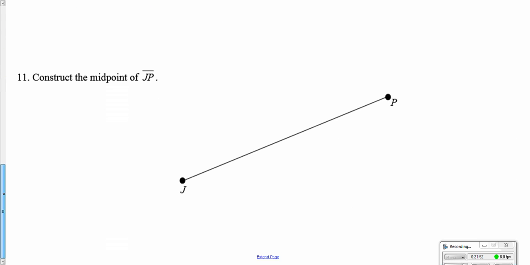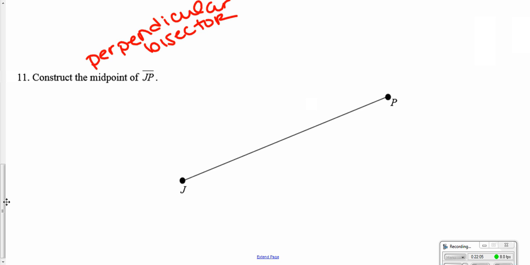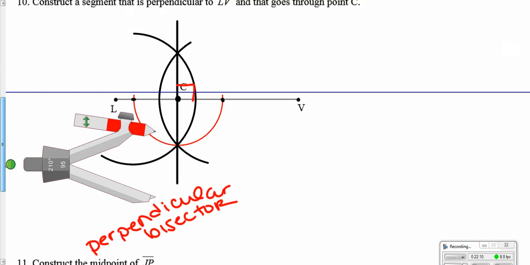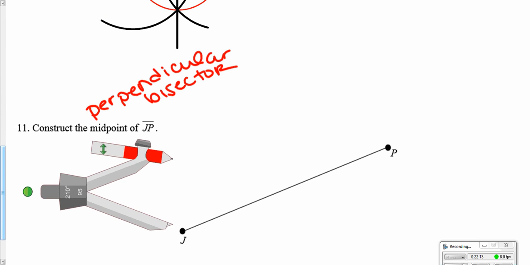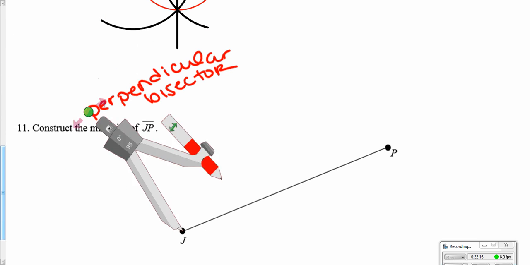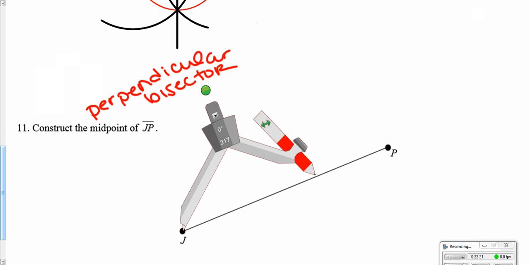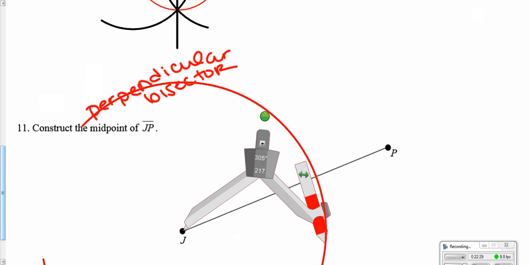Number 11, construct the midpoint of JP. This is our perpendicular bisector construction. So I bring my compass down. Put my compass on point J. Spin this around so I can easily find out when it's more than half. There we go. That looks more than half. So then I draw my arcs. There's one arc.